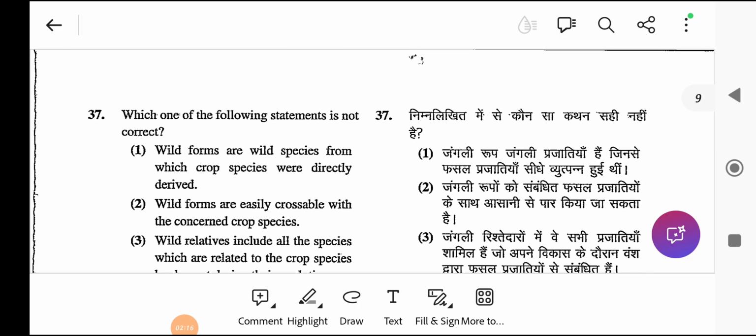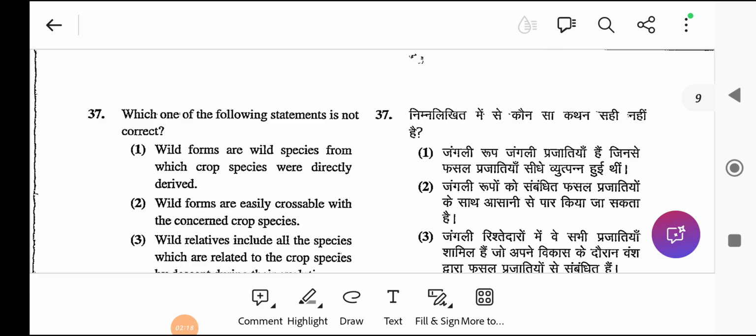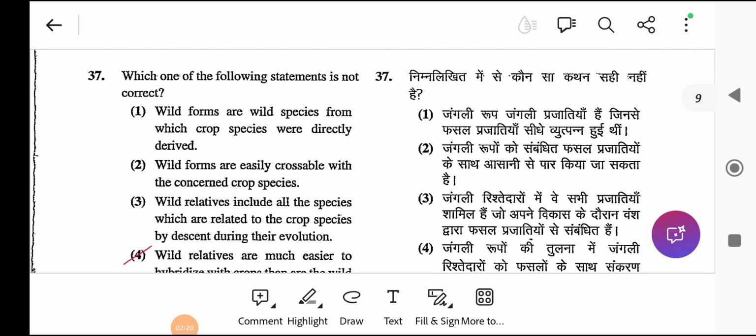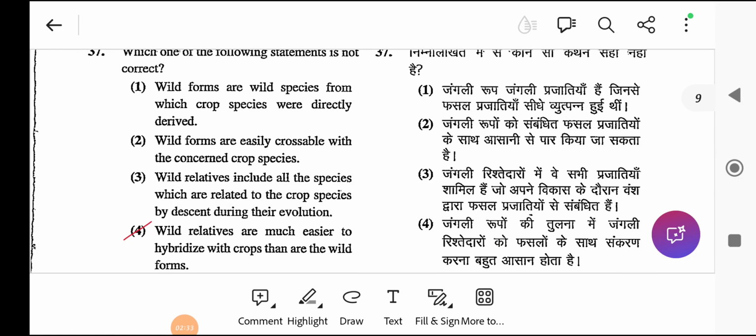Next is, which one of the following statements is not correct? So wild forms are wild species from which crop species were directly derived. So wild forms are not wild species. Next, wild forms are easily crossable. They are not easily crossable. Next, wild relatives include all of the species which are related to the crop species by descent during evolution.